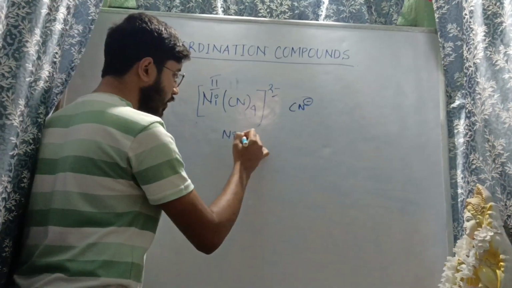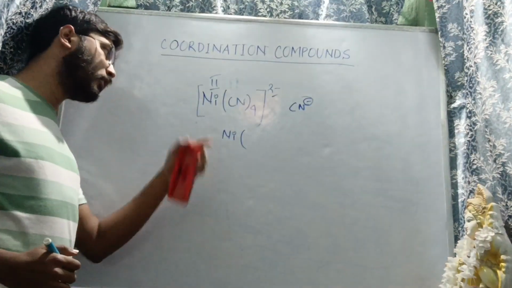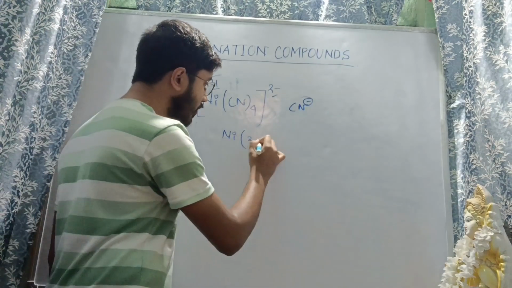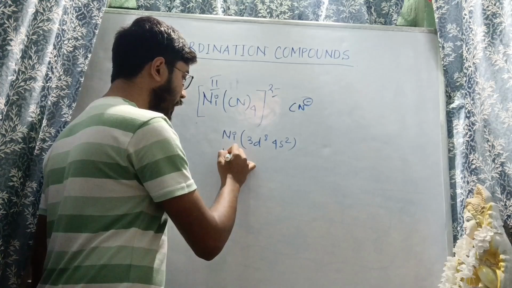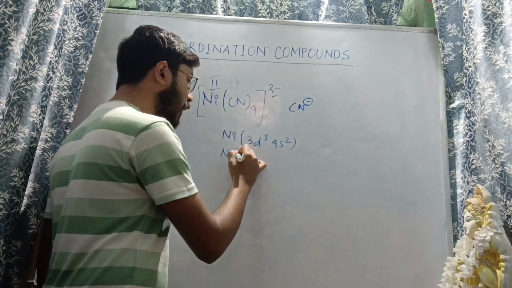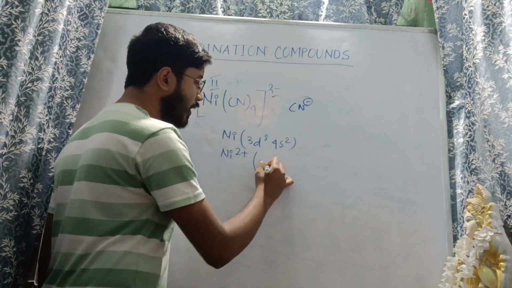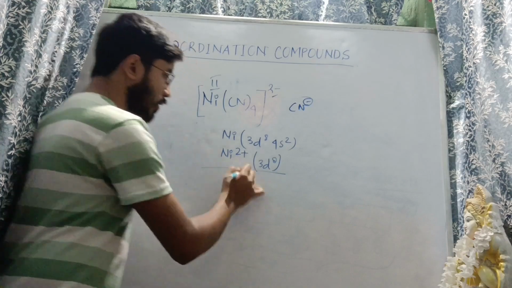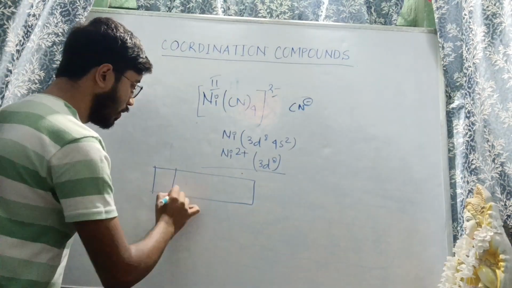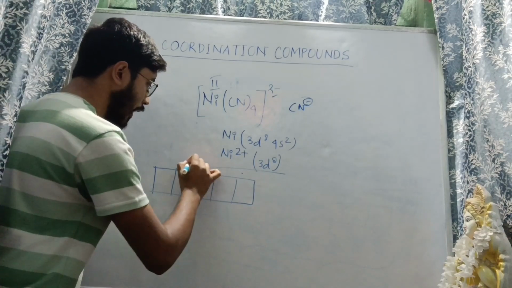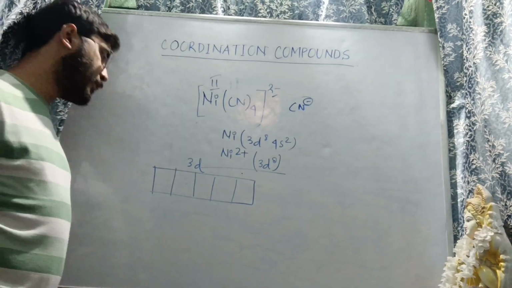The valence shell electronic configuration of nickel is 3d8 4s2. The electronic configuration of nickel 2 plus is 3d8. So in 3d, 5 subshells are there.